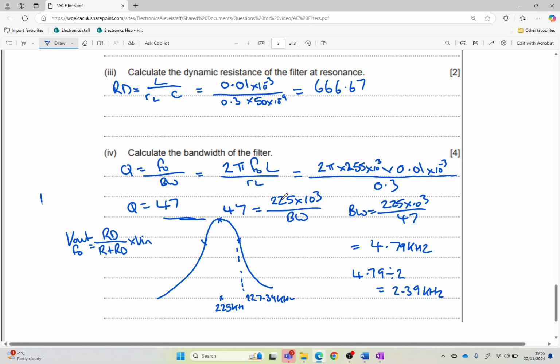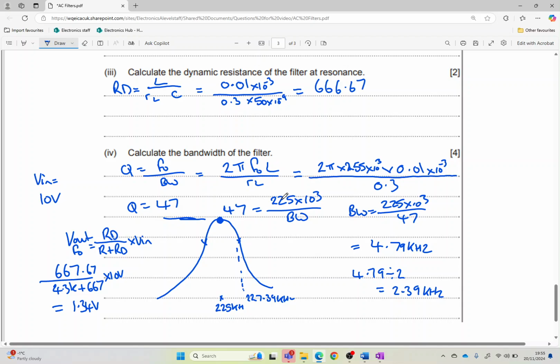If we let V in equal 10 volts, then just so you can see for an illustration, 0.667 over 4.3k plus 667, times by 10 volts gives us an output of 1.34 volts. So this point here is going to be at 1.34 volts.